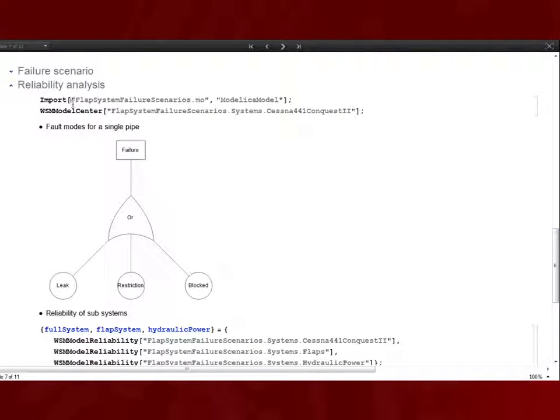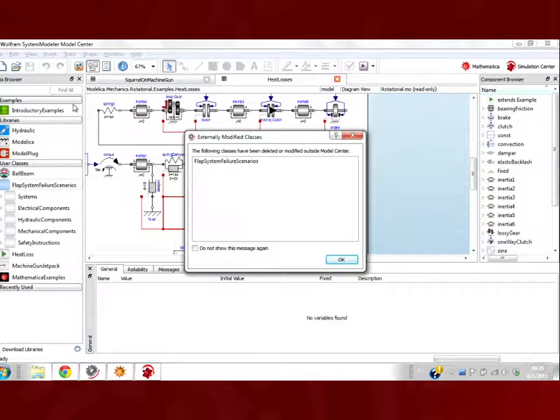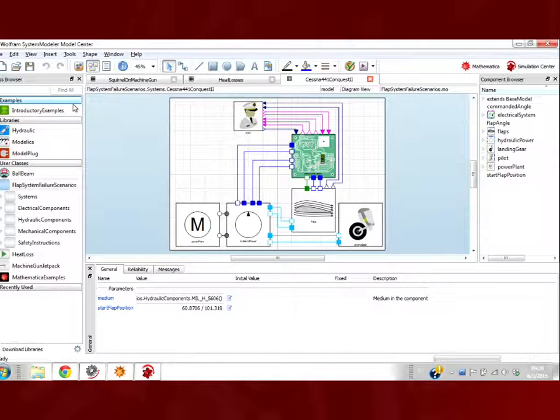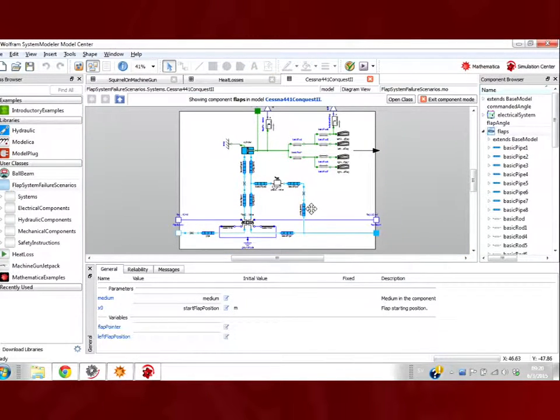I actually have it here, there you go. So here's the system again in SystemModeler, and as I said, if I go into the flaps, it will look similar to what we saw before, just more components and some different. We have some hydraulic system, some mechanical system, and so on.